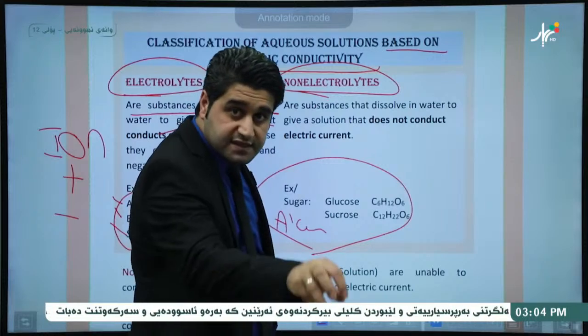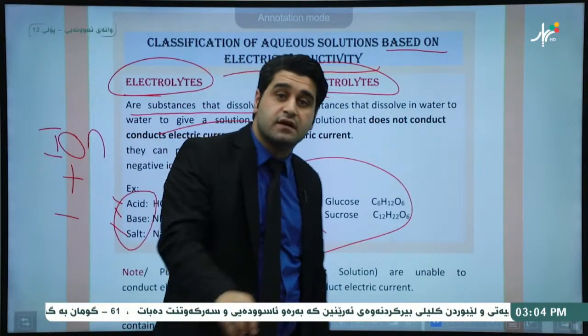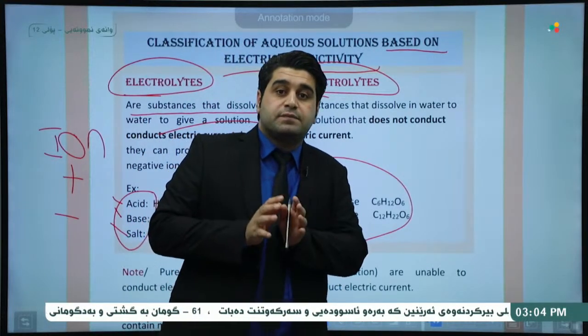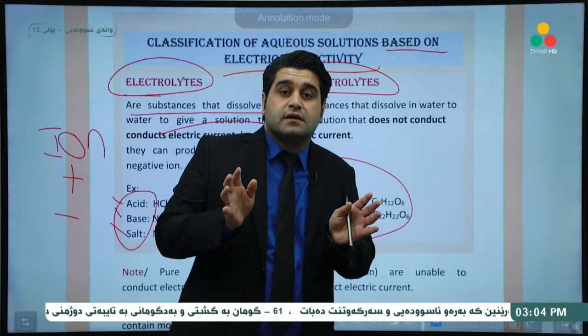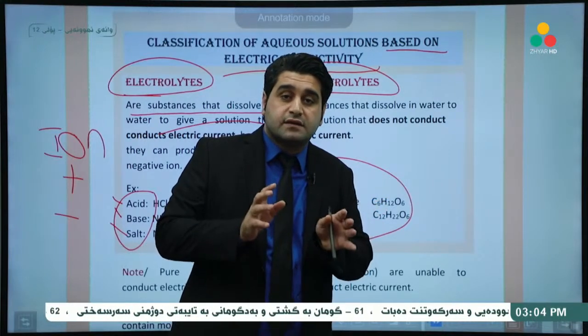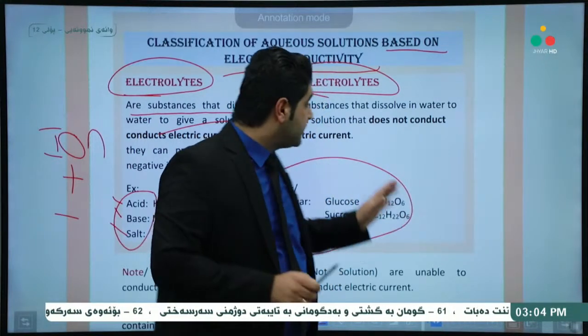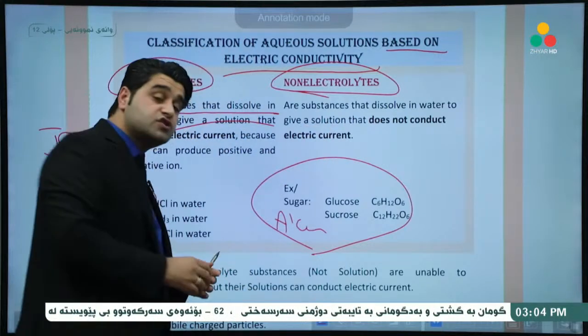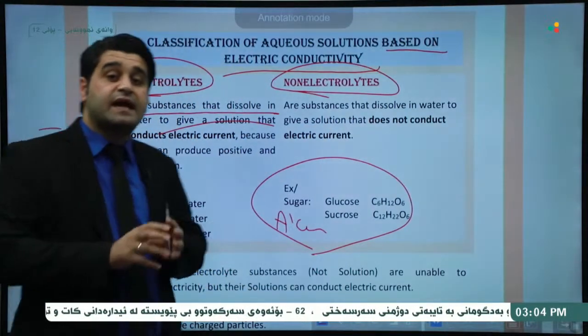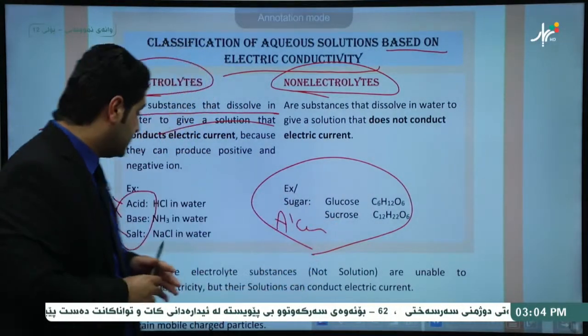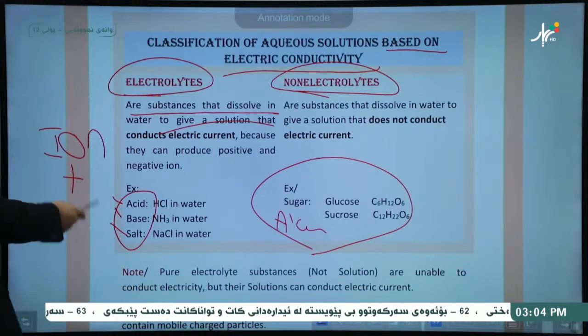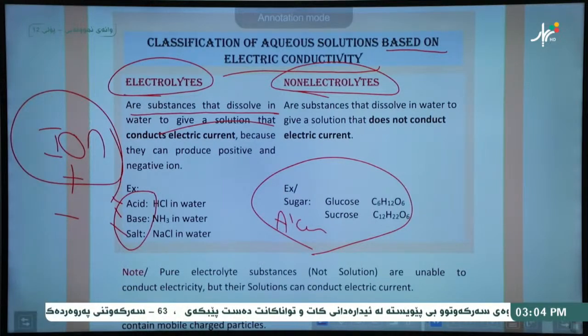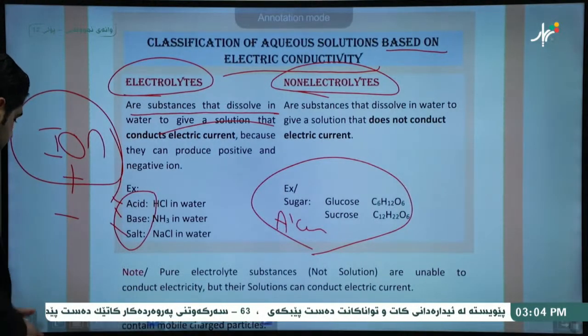If we dissolve a substance in that water and it does not form any movable charged ion particles, it is a non-electrolyte. But if the substance gives ions, it is an electrolyte. So the thing responsible for electrolyte and non-electrolyte behavior is the ion.